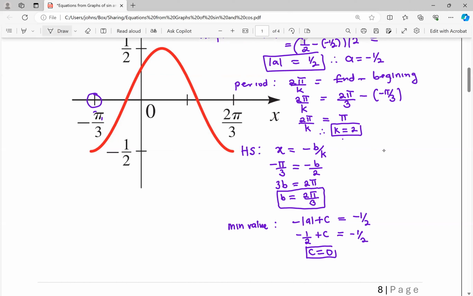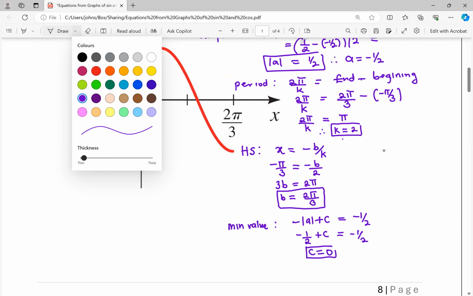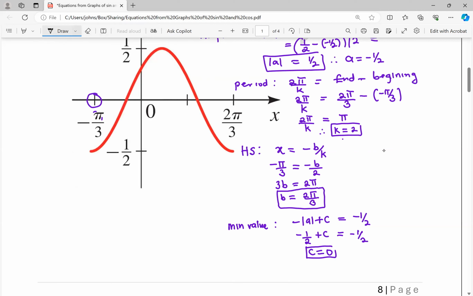Now that C is equals to 0, I think we are ready to write the equation of the graph. Remember, we're going to use it as a cosine graph. Now, why are we using cosine graph? Because at our starting point, we are at the minimum. So we'll prefer to start with it, and then we can convert it to sine. So this means that A is minus half, so we have minus 1 over 2 cosine, K is 2x plus B is 2 pi over 3.